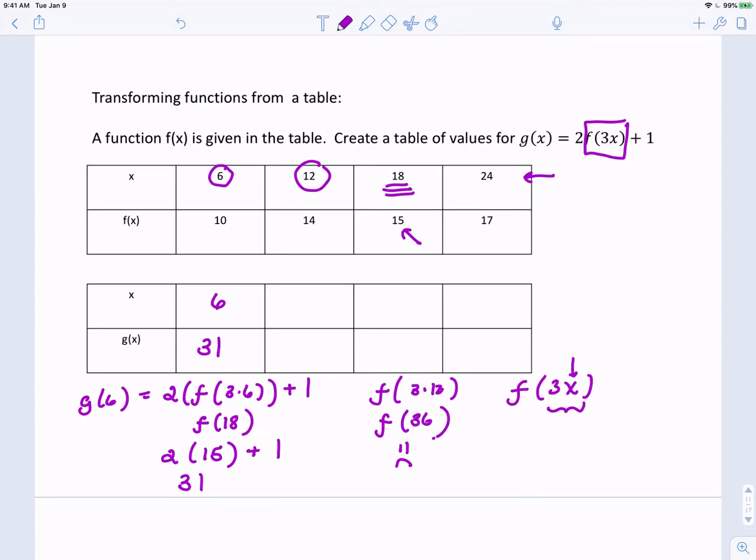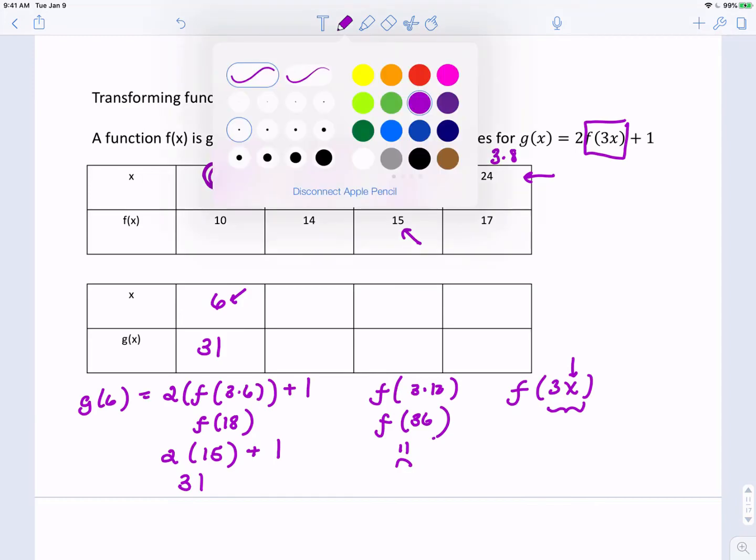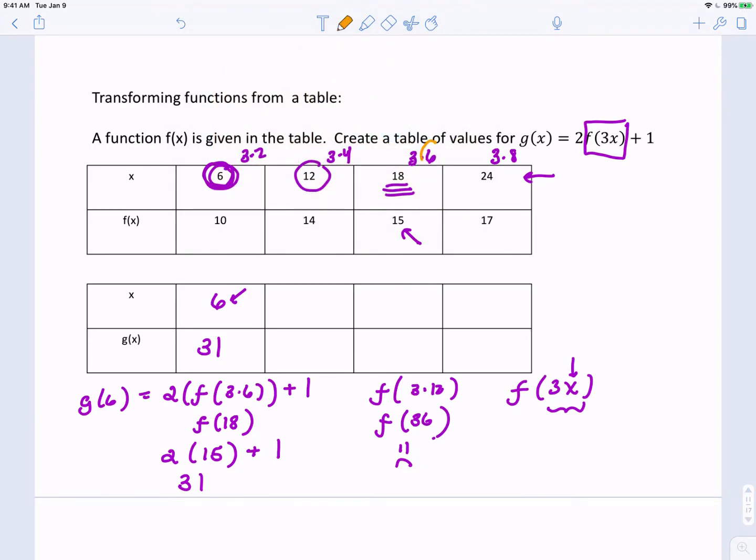If we look at our table of values, 6 is the same as 3 times 2, 12 is the same as 3 times 4, 18 is the same as 3 times 6, and 24 is the same as 3 times 8. Notice that we were able to find a g value when x was 6.